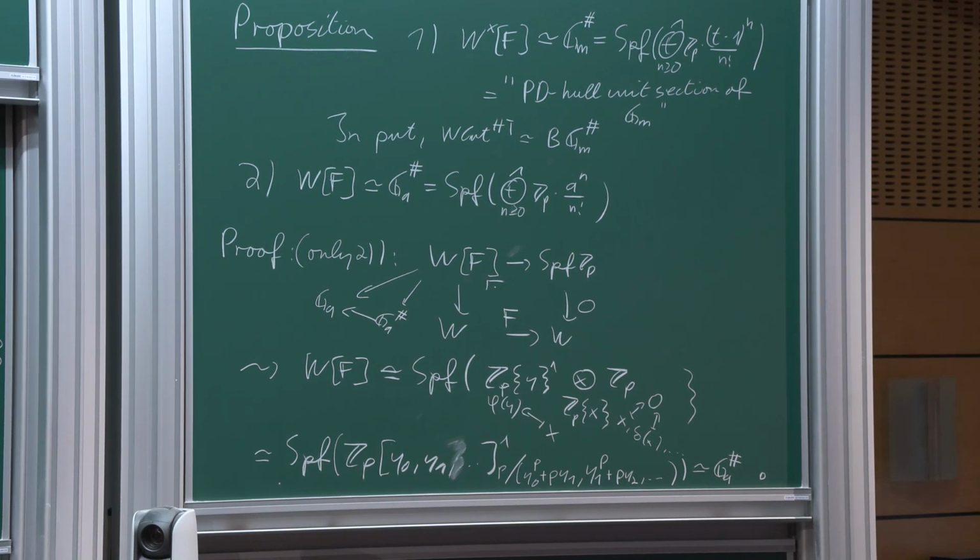And similarly, the derived category of B of G_a sharp identifies also with pairs M and theta, but now not theta to the p minus theta locally nilpotent, but just theta.